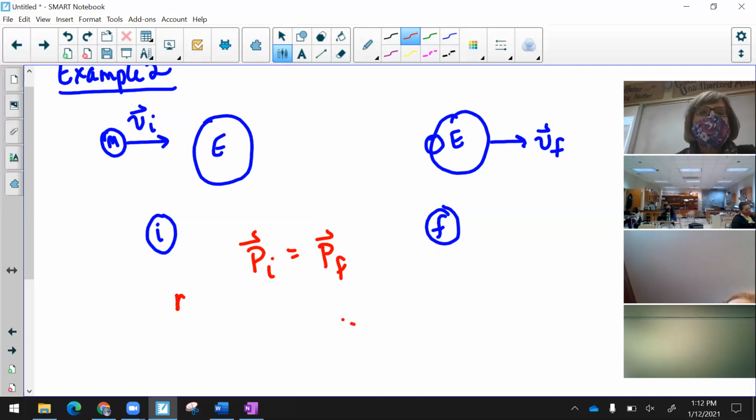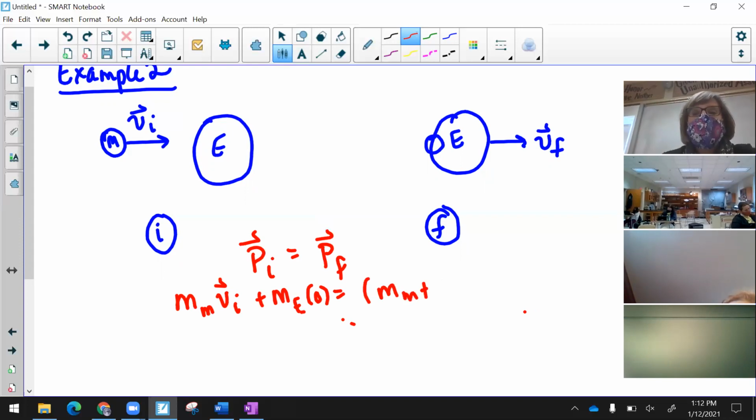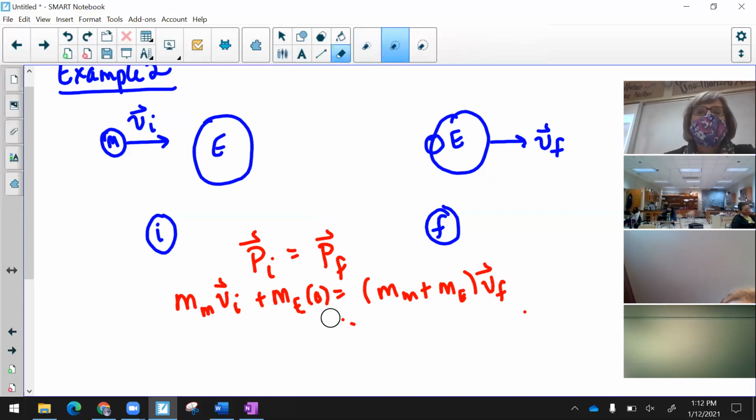So that gives me the mass of my meteor times v_i plus the mass of the Earth times 0, because we decided that the Earth wasn't really moving, is going to be equal to the mass of the meteor plus the mass of the Earth times some final velocity.